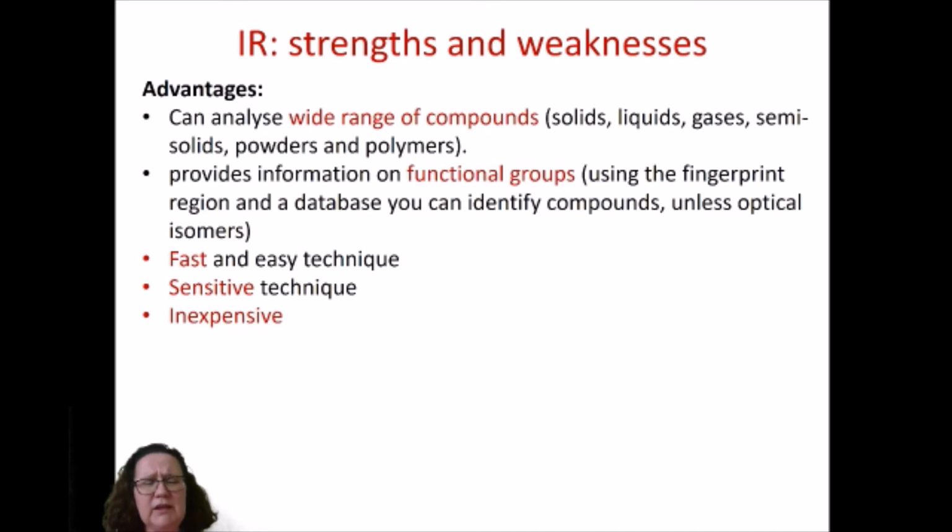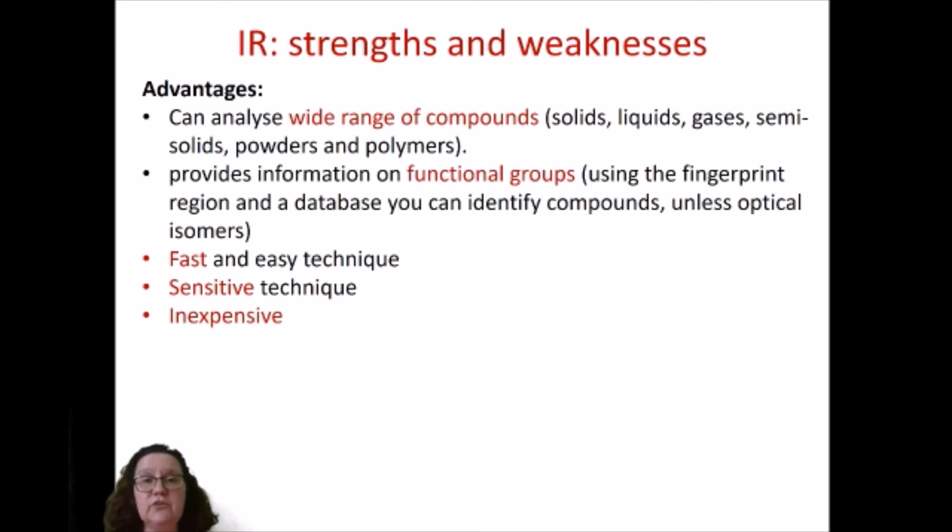It is less useful for inorganic compounds because fewer bands appear, but for organic chemistry it's really useful. You can use the fingerprint region, not yourself, but if the compound has already been analyzed and you have access to a database, you can identify the compound by using the fingerprint region because it's specific to that compound, and no other compound will have the same fingerprint region.